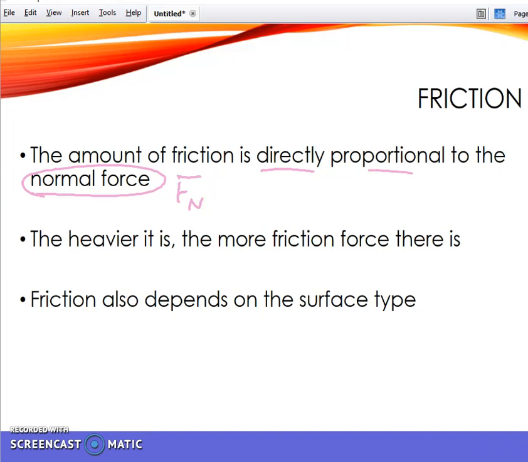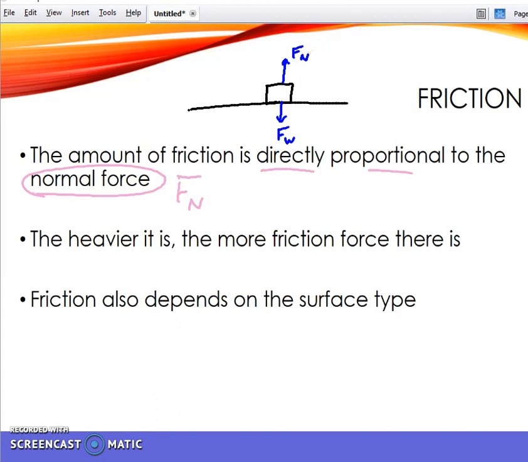Now, for diagram's sake, if I draw a little box up here at rest on the table, there are going to be two forces, Fw and Fn, which, if it's at rest, are both equal and opposite. So they cancel each other out.